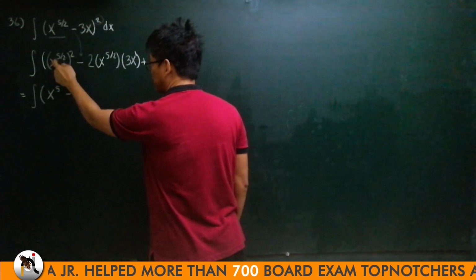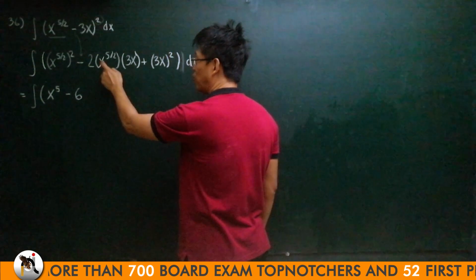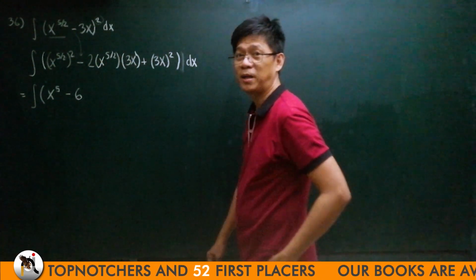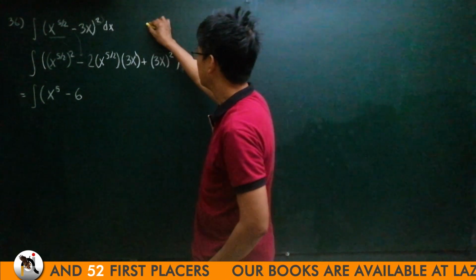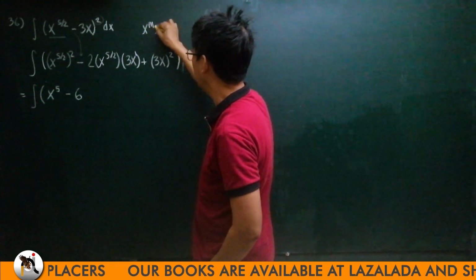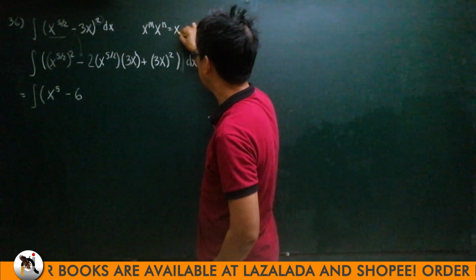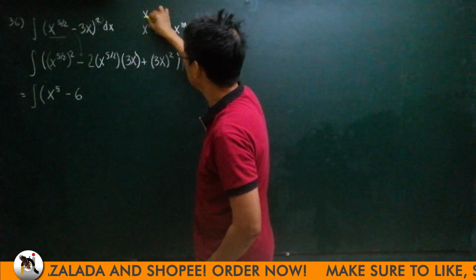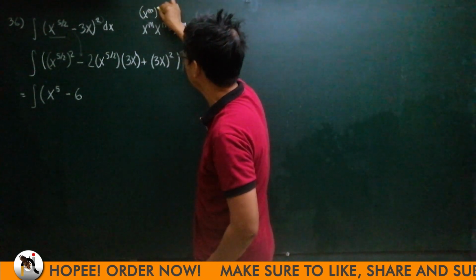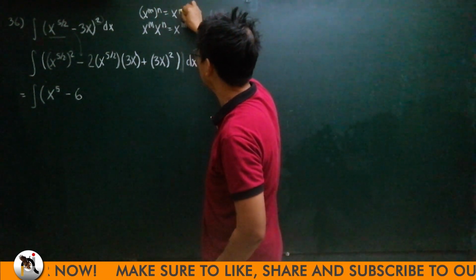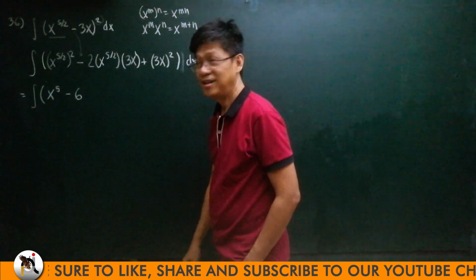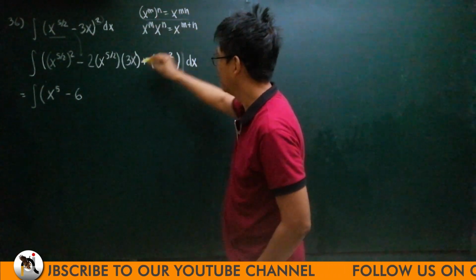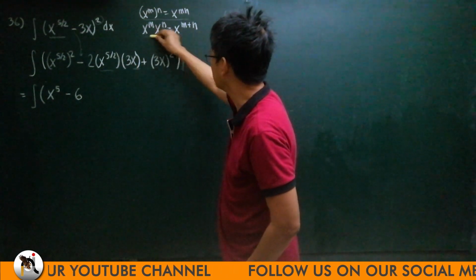So that is x to the 5 halves times 2. This one is x to the 5 halves times x to the 1. Multiplication of power of x. Remember that x to the m times x to the n is x to the m plus n. X to the m raised to n is x to the m times n. Right? So, this one is this category. This one is this category.